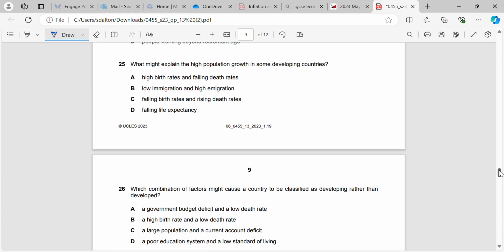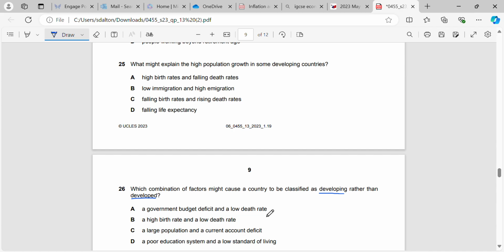Question 26. What combination of factors might cause a country to be classified as developing rather than developed? Okay, so we know developing is poor, developed is rich, in very simple terms. So, government budget deficit and a low death rate.